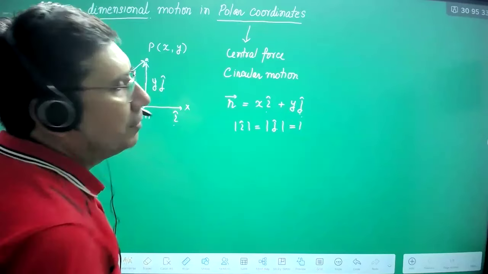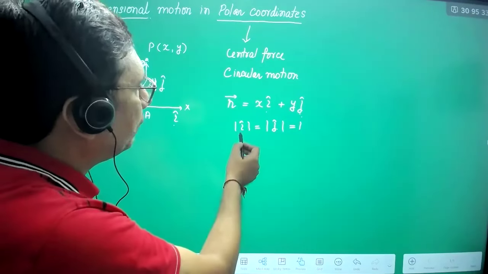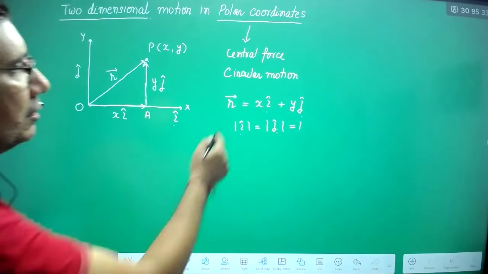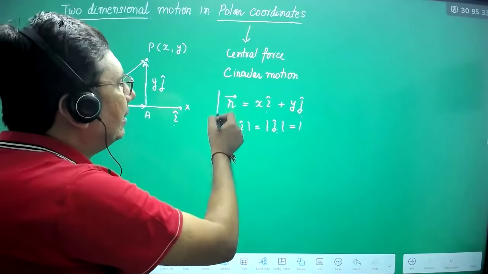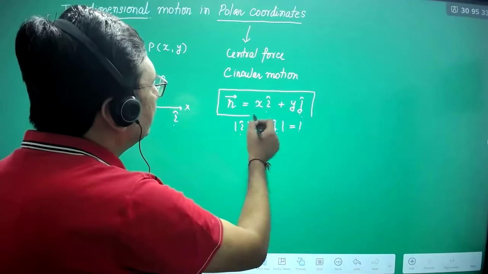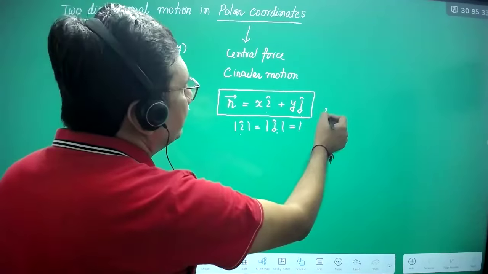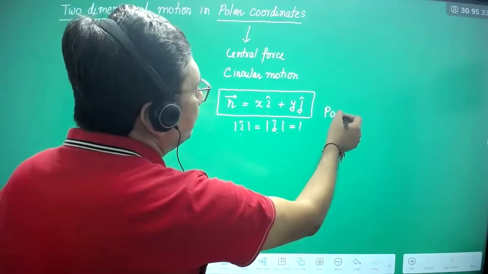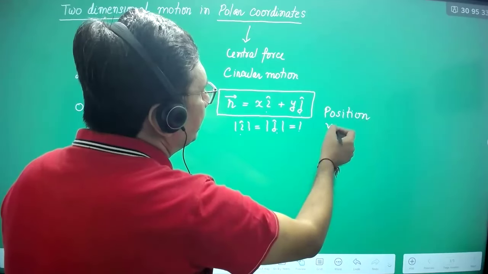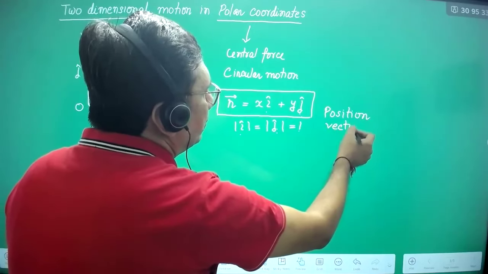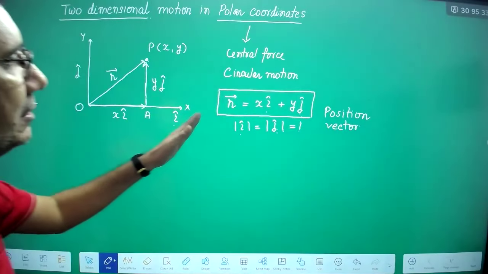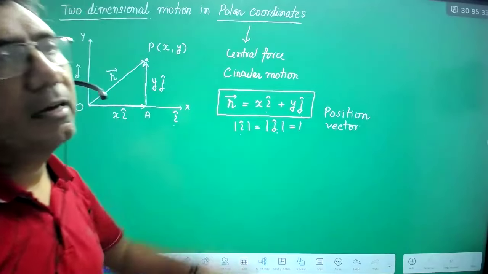Their magnitude is 1, that's why they are unit vectors. So this is the position vector in the xy planar system. Any point or particle in this two-dimensional plane is represented by the position vector r vector.